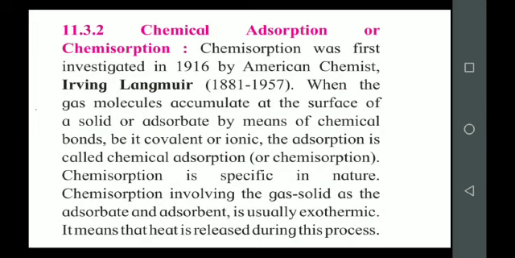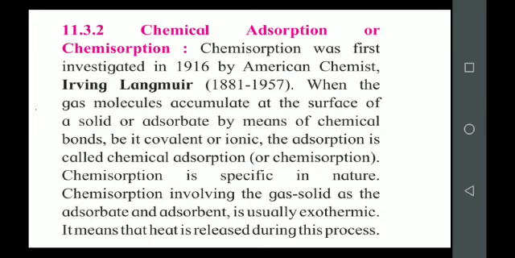For example, all of us have seen rusted iron. The rusted or corroded iron is what? In case of rusting of iron, what happens? The iron reacts chemically with the oxygen present in air and forms an iron oxide layer on the surface.